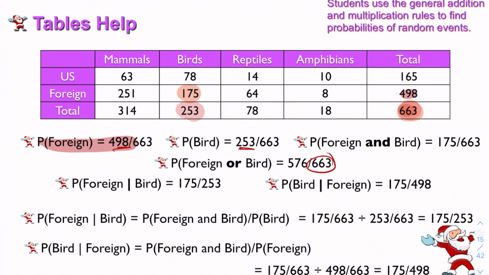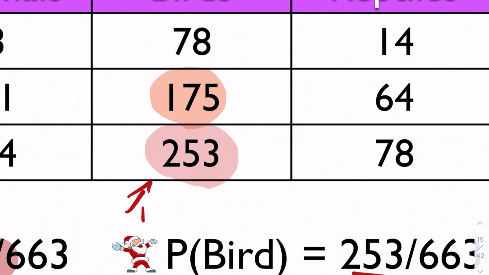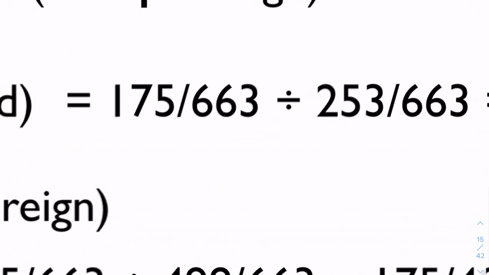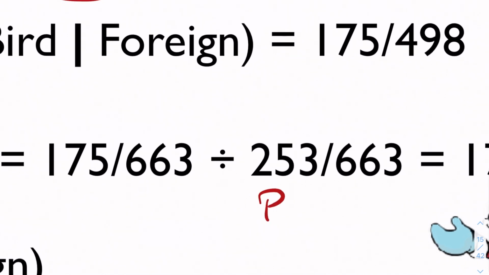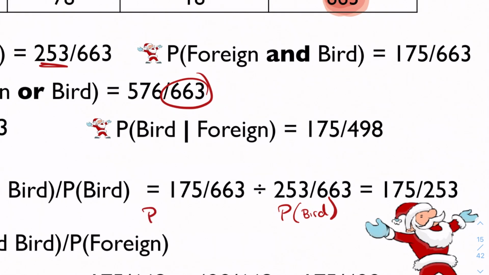Now, if we're talking about foreign given bird, we know it's a bird, so it's not a reptile, it's not a mammal, it's not an amphibian. So when we know it's a bird, we know that the total has to be 253 out of 663. This is our denominator. This is the probability of being a bird. Well, where does this 175 out of 663 come from? That's our overlap. That's the probability of being foreign and bird.